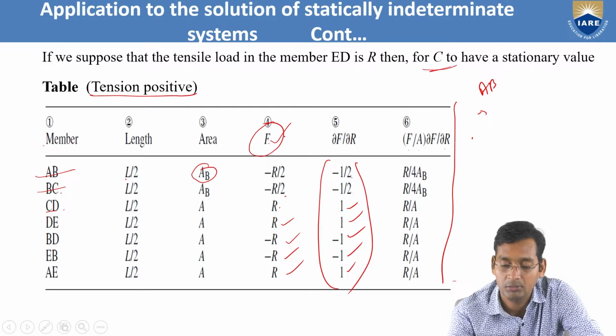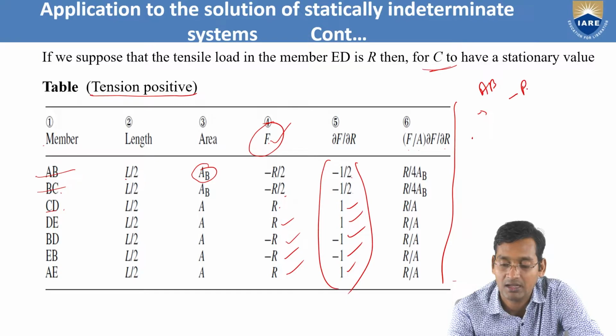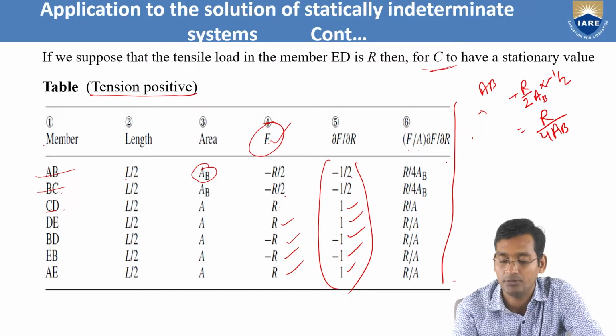So AB will be what? F by A. F is how much? Minus R by 2, by A. So by AB into dou F by dou R into minus 1 by 2. Minus minus becomes plus. So R by 4AB. Okay, so R by 4AB we got.